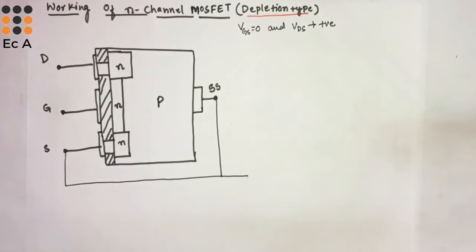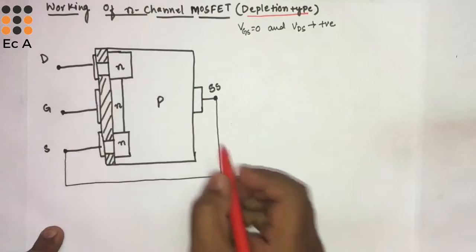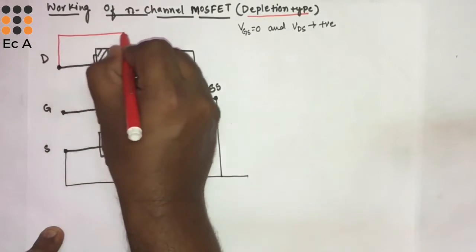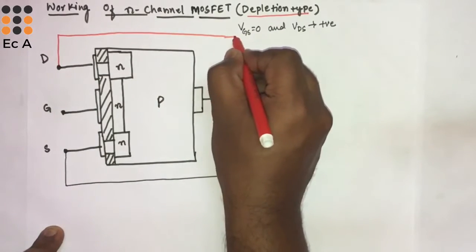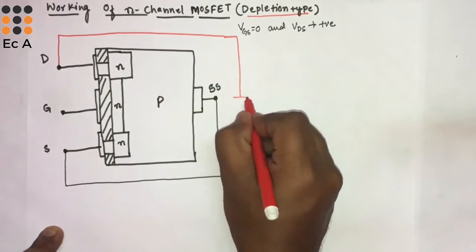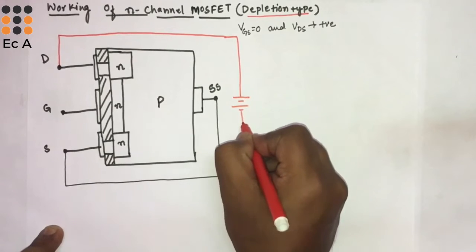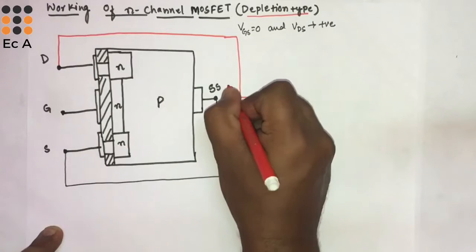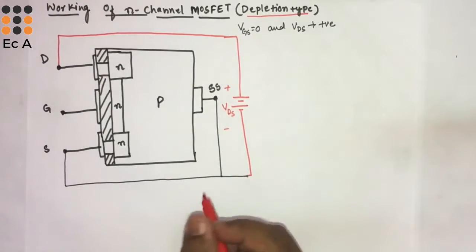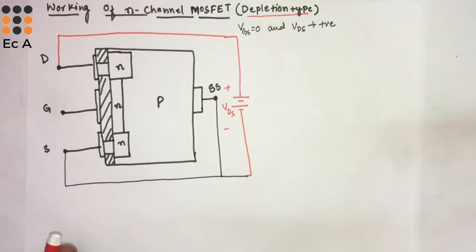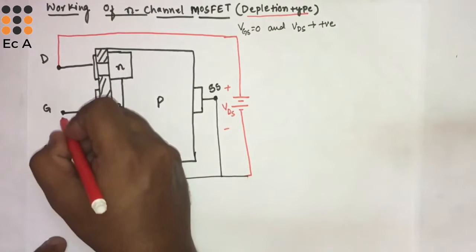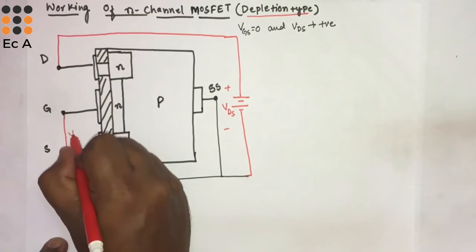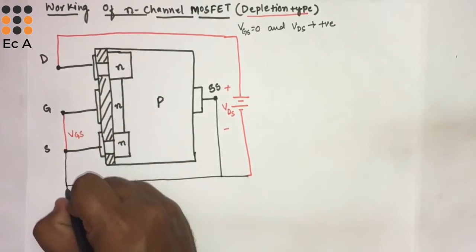We apply positive voltage between drain and source, which we call VDS, positive at the drain and negative at the source. And between gate and source we make the voltage 0, so VGS is grounded.